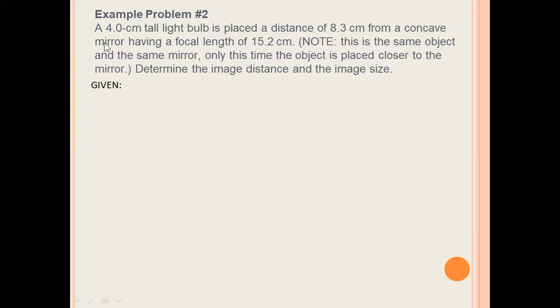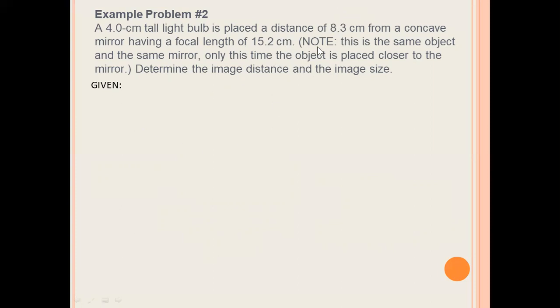So we are given the same value for the height of the object at 4 centimeters, and the focal length of the concave mirror at 15.2 centimeters. The only changed variable here is the distance of the object from the concave mirror, which is nearer at 8.3 centimeters.